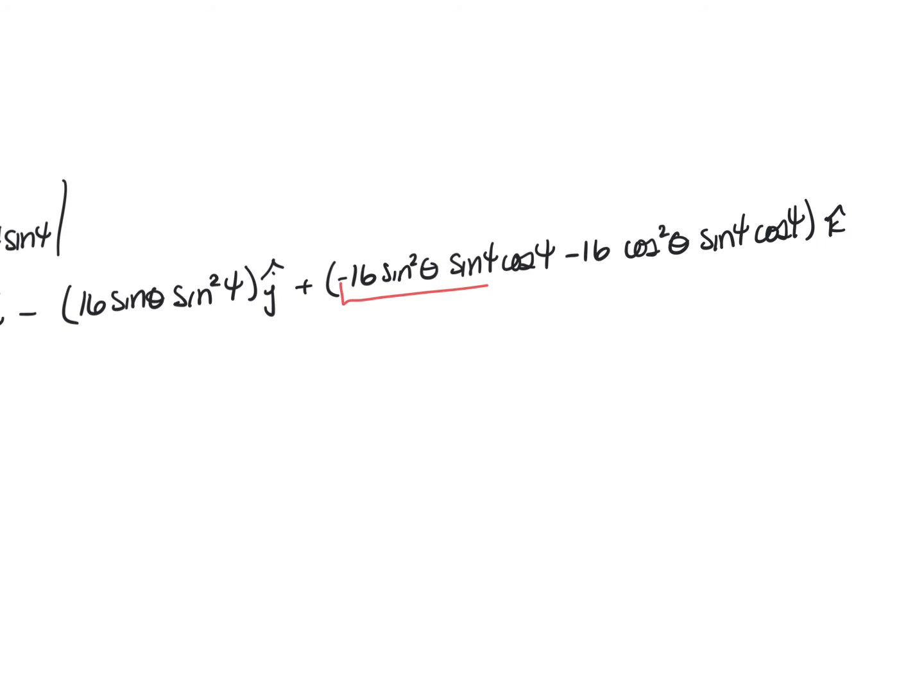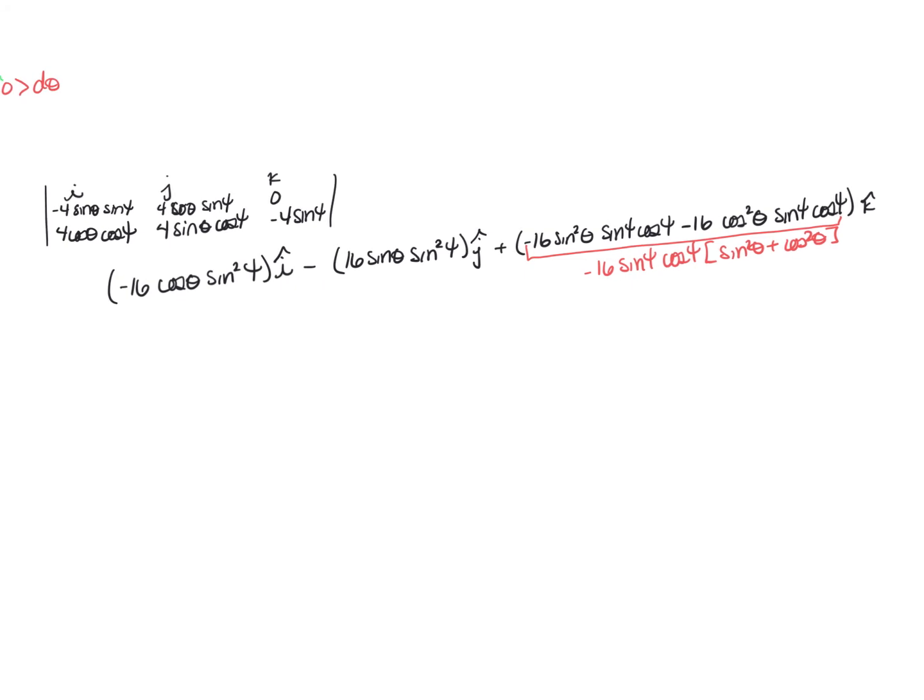Now, of these two, I can factor out a negative 16, the sine of phi, the cosine of phi, leaving me sine squared of theta plus cosine squared of theta, which we know happens to be 1.